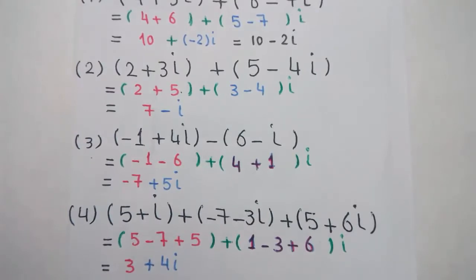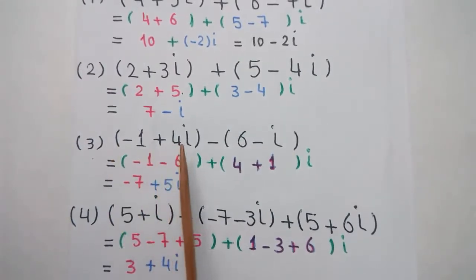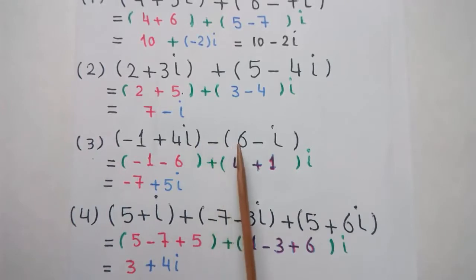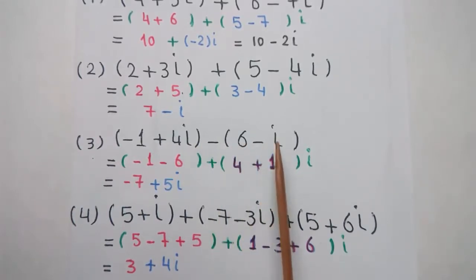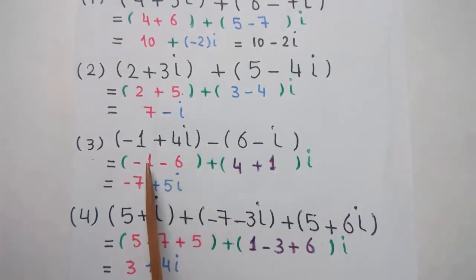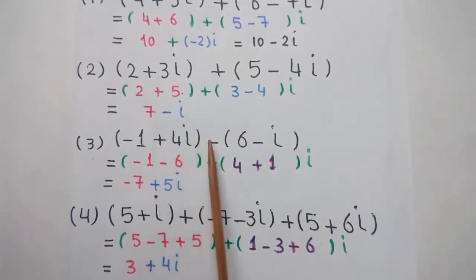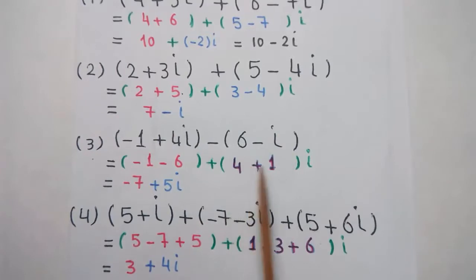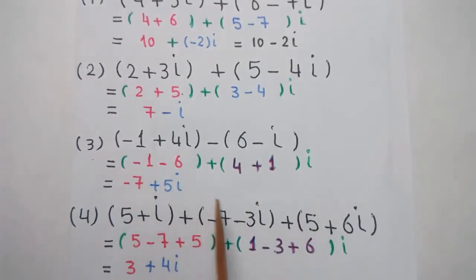Another example. (Negative 1 plus 4i) minus (6 minus i) يبقى negative 1 minus 6 red, 4 minus negative i يبقى 4 plus 1i. Negative 7 plus 5i.